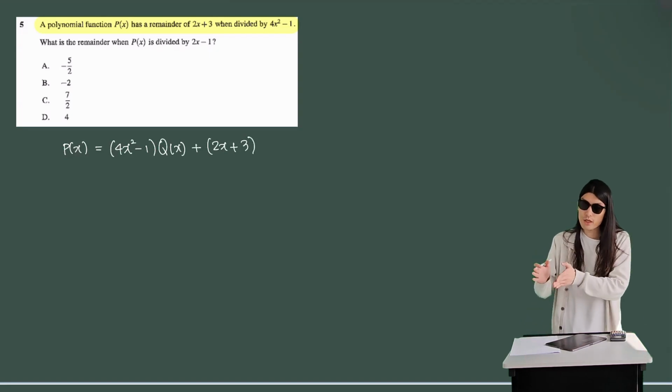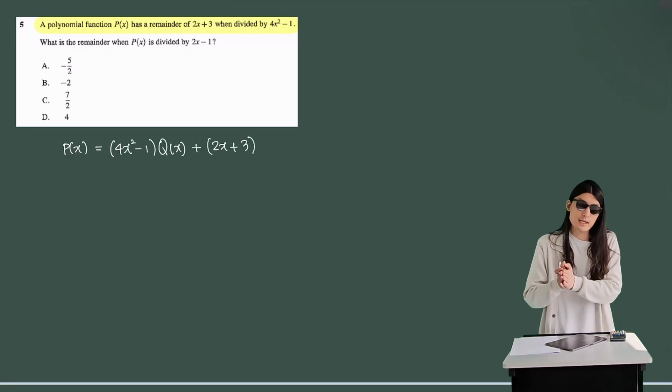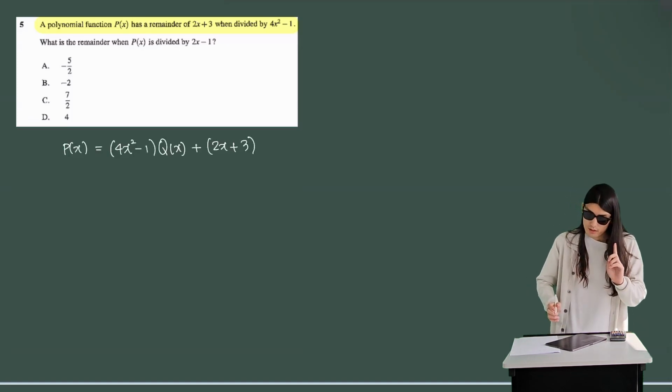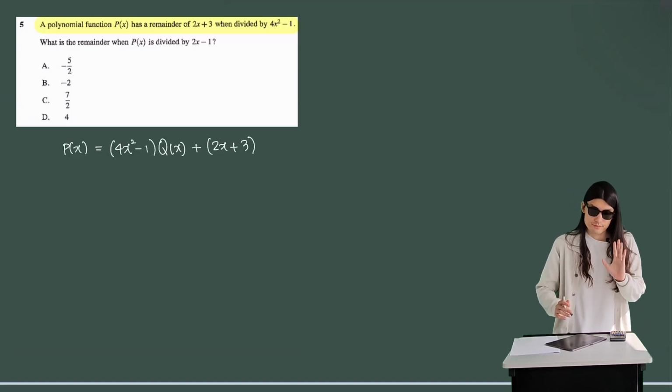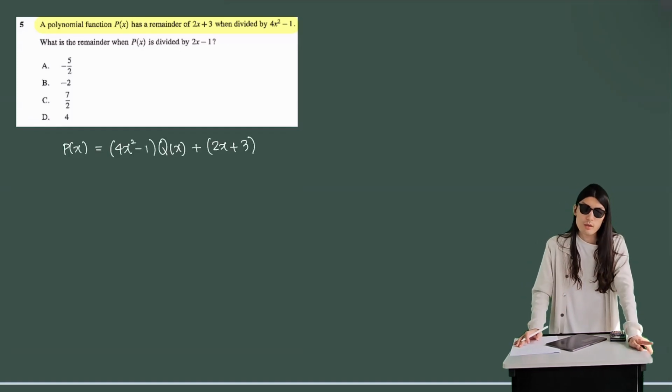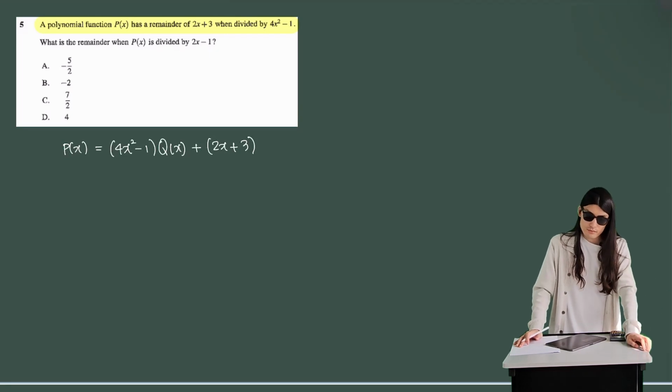So once again, P of x, the polynomial, is equal to divisor times quotient plus remainder, right? That's how we always write it down if an exam question says polynomial P(x) divided by something produces this remainder. And then with that, we answer the question.